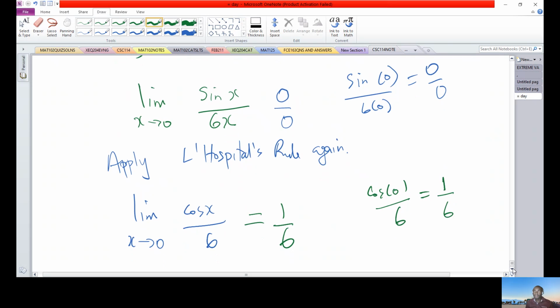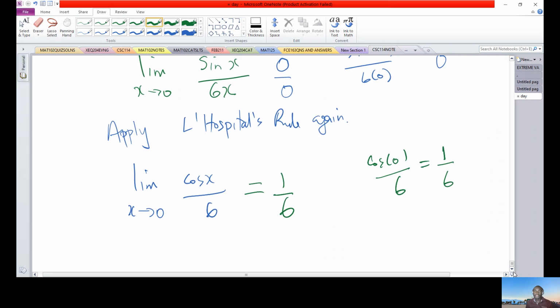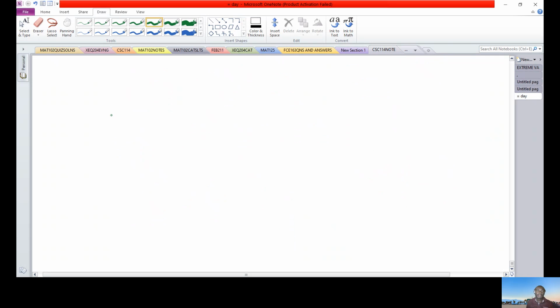So then last, consider this example. Limit as x approaches 0 of 1 minus cos of x over x plus x squared.